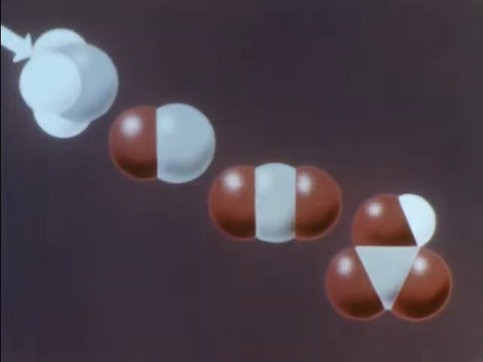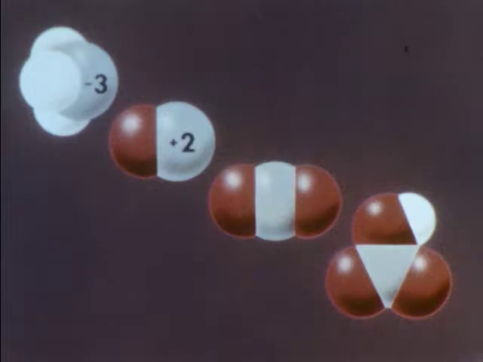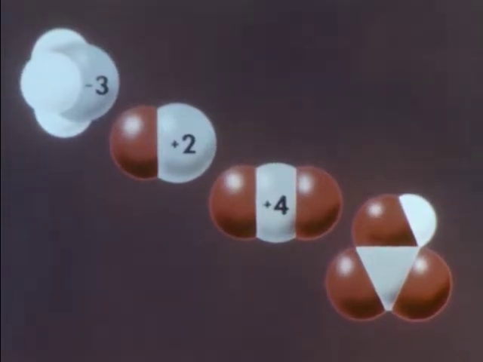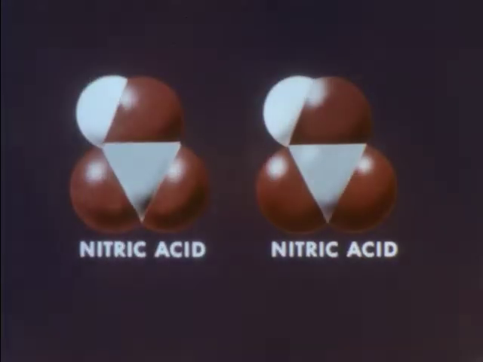To review, we oxidized ammonia through NO and NO2 to nitric acid. In stages, we oxidized the nitrogen atom in ammonia from -3 to +2 to +4 and finally to +5, forming nitric acid. We have seen that nitric acid can act either as an acid or as a base.